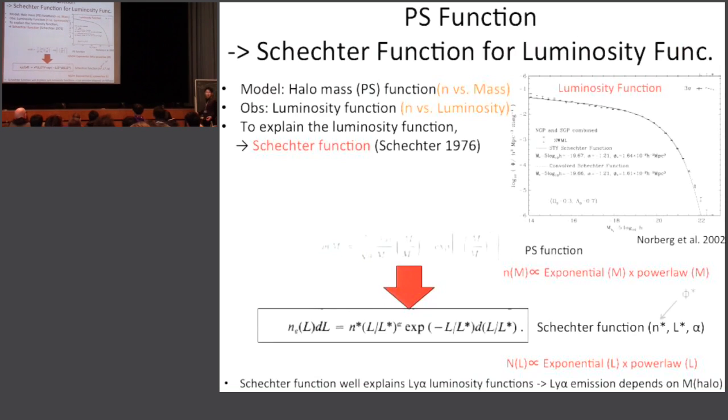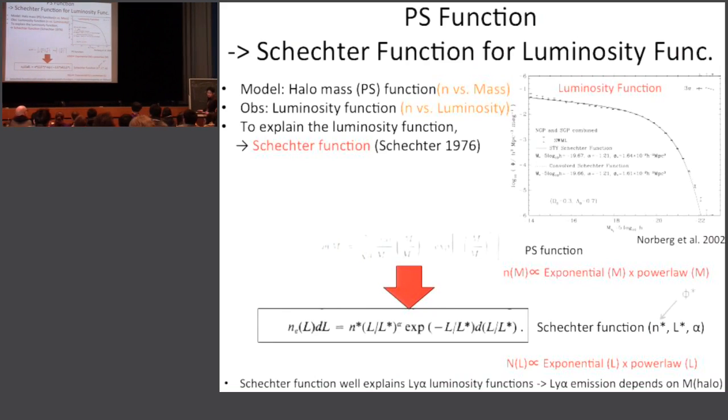So if you assume a constant mass to luminosity ratio, then you can easily get the functional form of the luminosity function. Of course, the universe is not that simple.